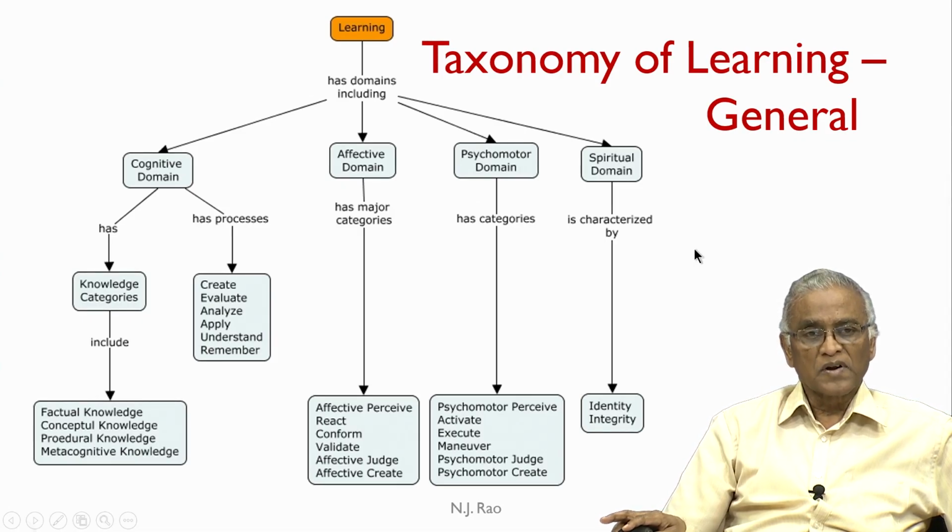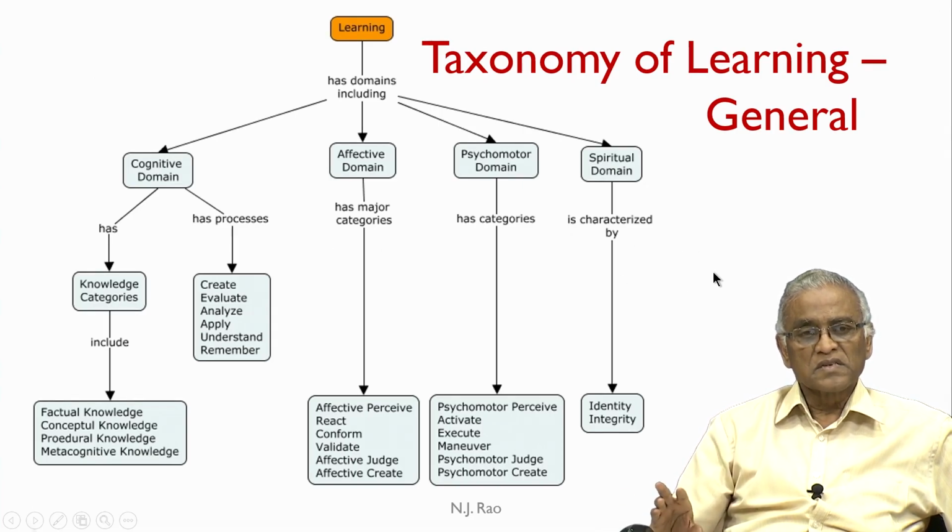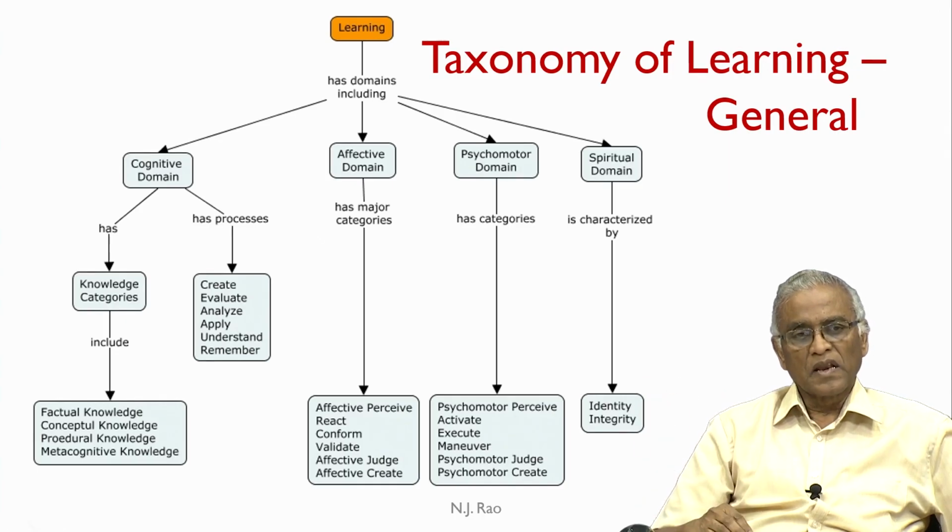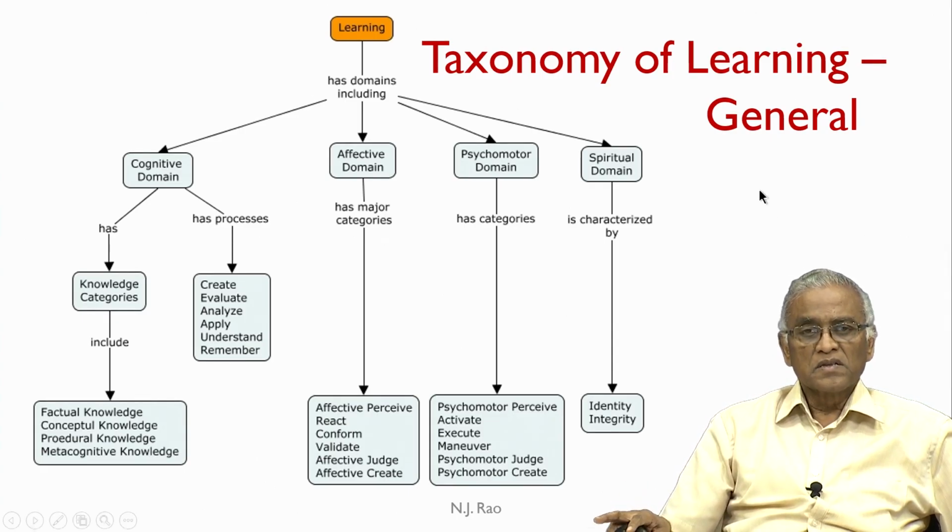This is for general subjects or general programs, whereas we will add some more knowledge categories in some specific cases. Like in the case of engineering, we add 4 more categories of knowledge, but these are presently the general categories.